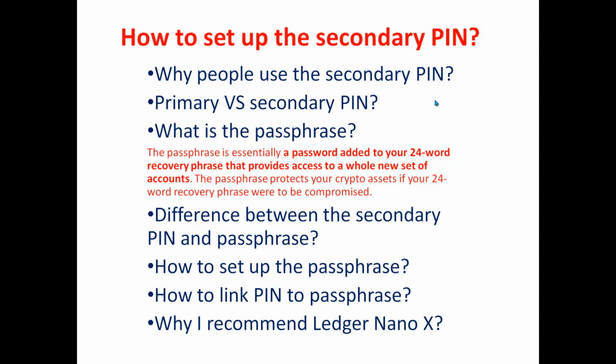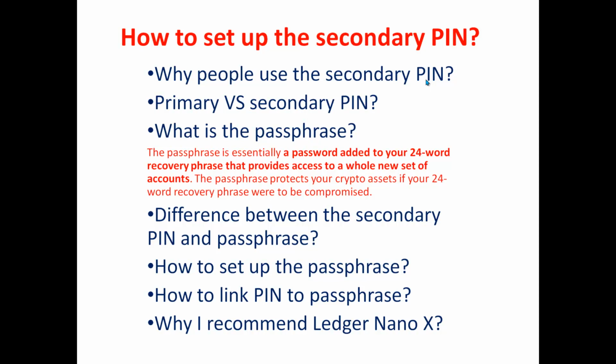Why do people also use the secondary pin? For example, for people who want to increase hardware wallet security and use passphrase, this secondary pin is a shortcut to passphrase. That means if somebody creates a passphrase with 40 letters, every time that person wants to get access to this secret account, they need to enter the 40-letter passphrase.